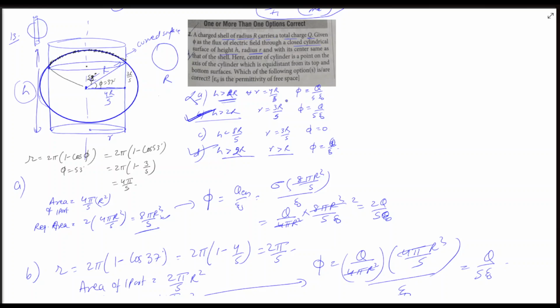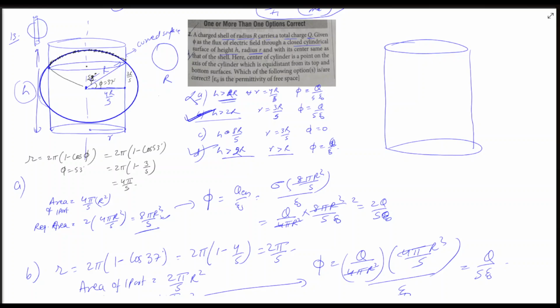So h is 8 r by 5. Let me check. Yeah, it is written correct, right? Okay, perfect. So we will have h less than 8 r by 5, and we required more than 2r. Then only the upper two surfaces will be inside.